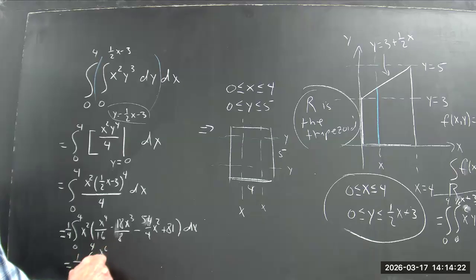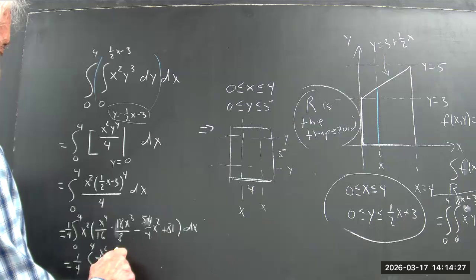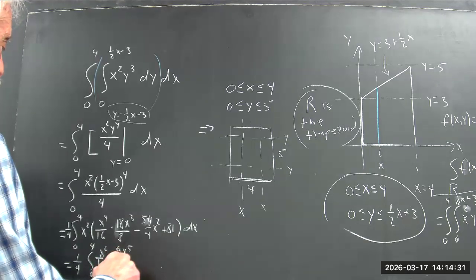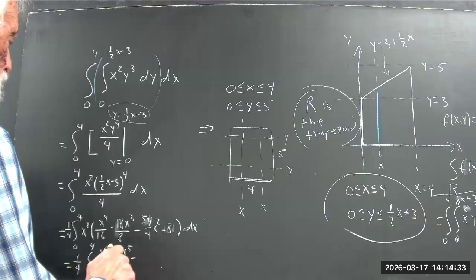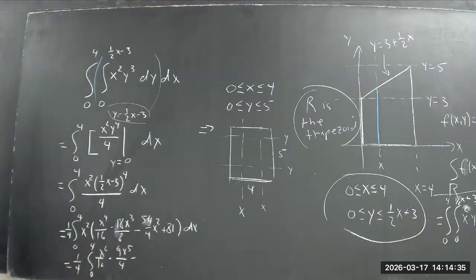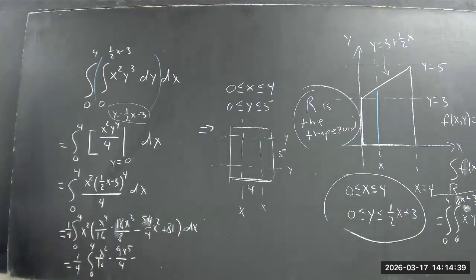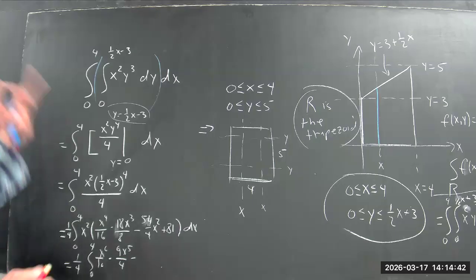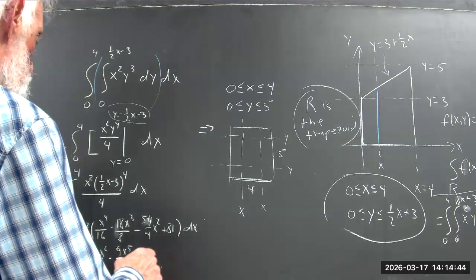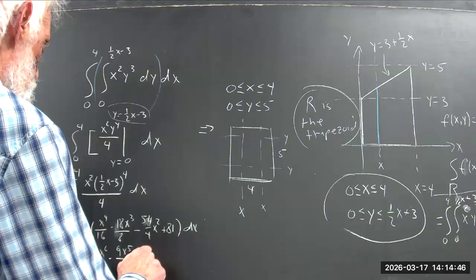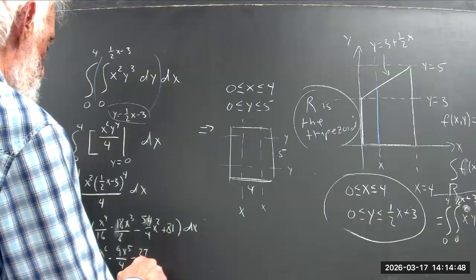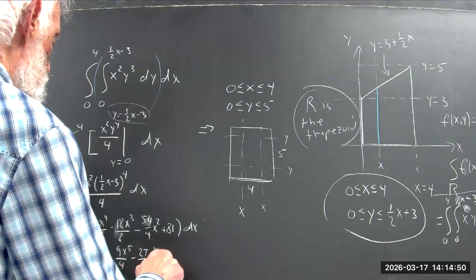We've got x to the 6th over 16 minus x to the 5th over 4 minus... losing track of where I am. Yeah, it's got to be x to the 4th, and it's 54/4, which is 27 halves, x to the 4th.